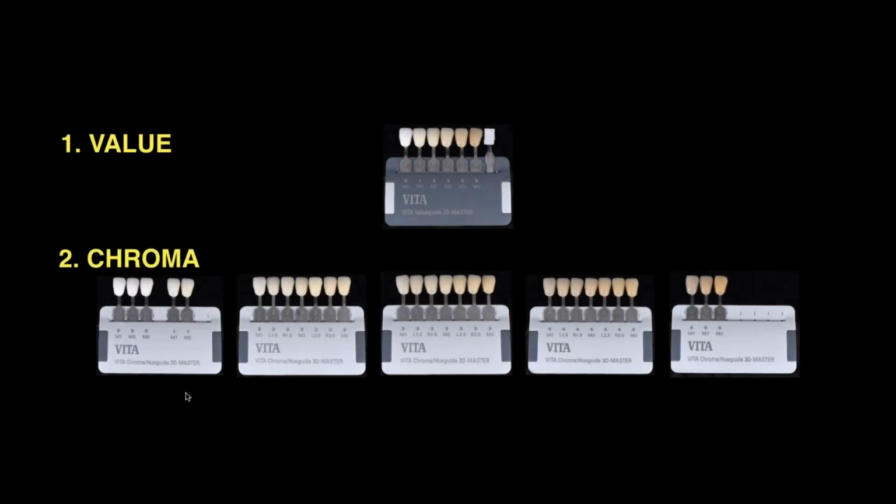And the difference for that is L and R. If I go into the 3 Ls, I'm talking about light, and what light really means is more yellow or more opacity inside the shade tab or inside that patient's tooth. So what I'm really looking for is, is it more opacified or just a little bit more of a brighter looking tooth? When I go to the R range, that means there's more red influence inside the tooth or lower in value.